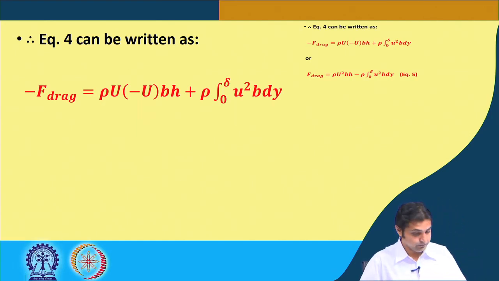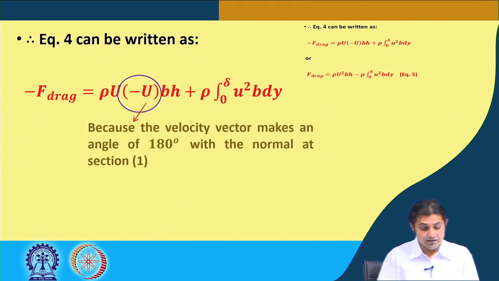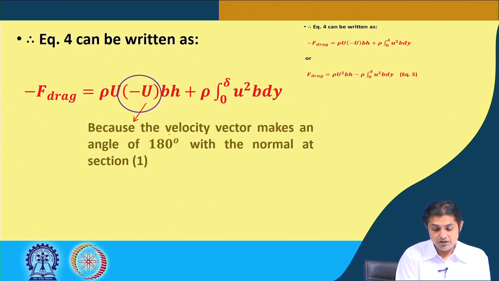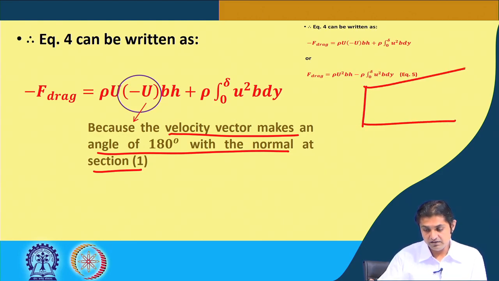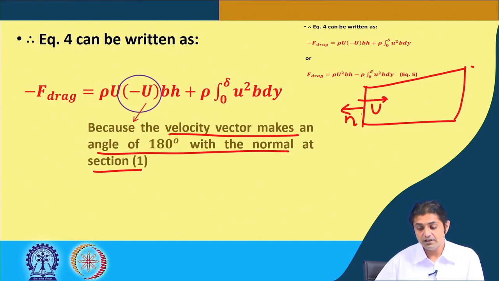And this is minus u because the velocity vector makes an angle of 180 degrees with the normal. This was the control surface, you remember, something like this. So the velocity was in this direction and the normal to this surface was here. So that is why 180 degrees.